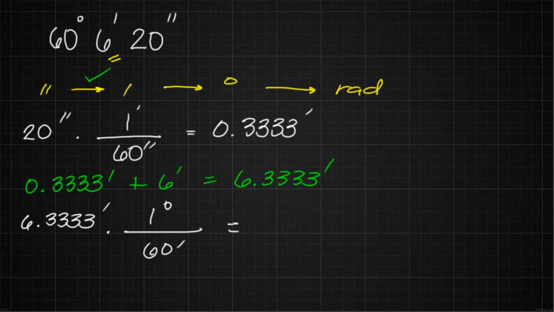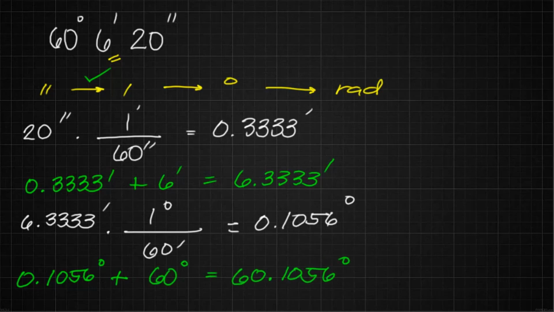So the final answer contains the unit degrees. Now we're going to add this answer 0.1056 degrees to 60 degrees. And we have a total of 60.1056 degrees. Now we can convert this one into radians.